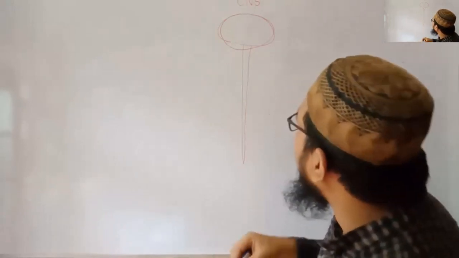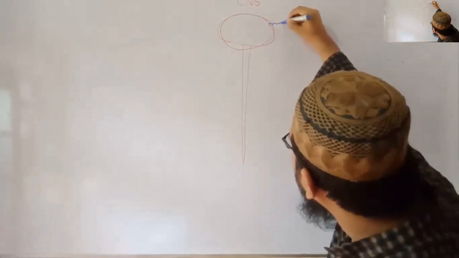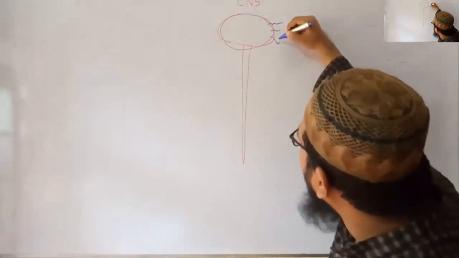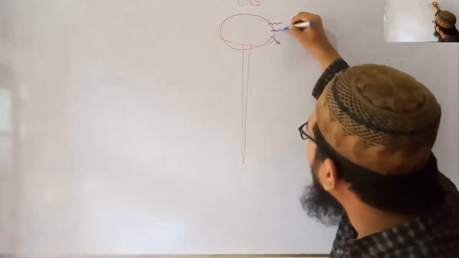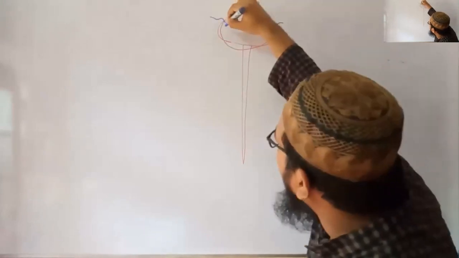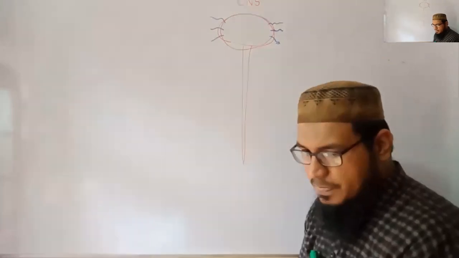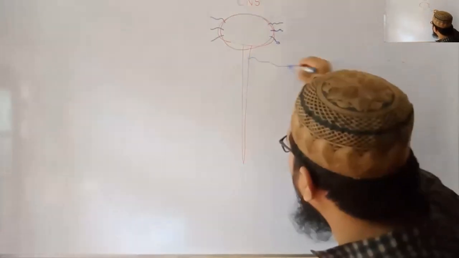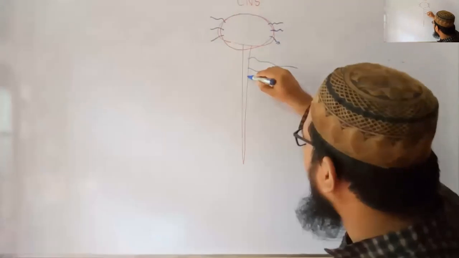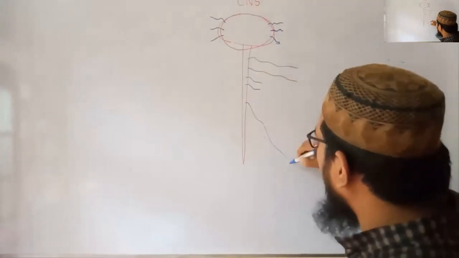From this central nervous system, some nerves are coming. In the brain also some nerves are there, going to your ears, going to your eyes. This side also going to your left ear, left eye, like that. Here also some nerves are there, going to your hand, going to your stomach, going to your intestine, going to your legs.